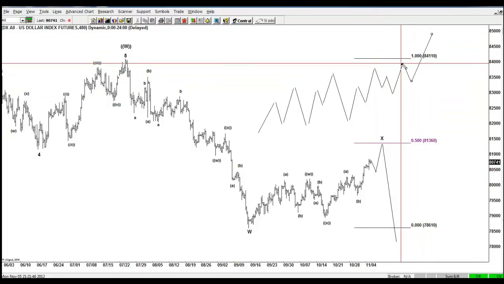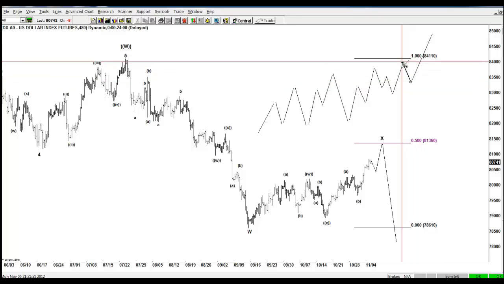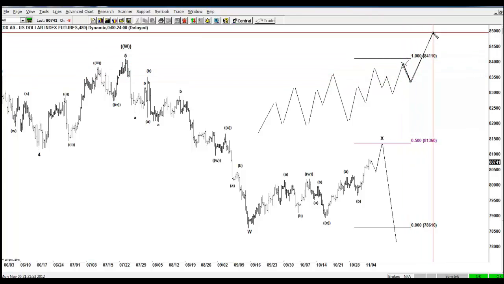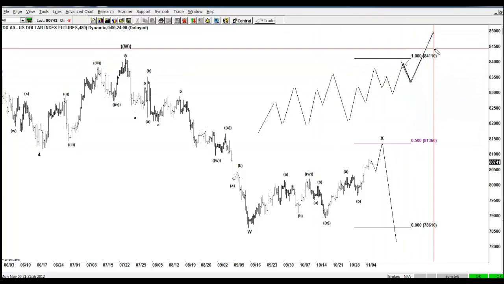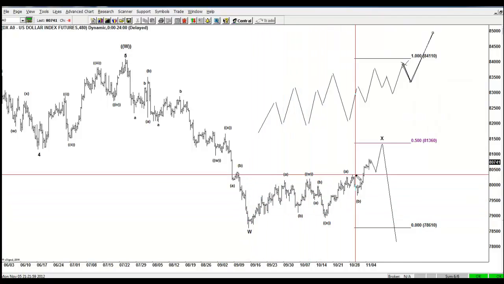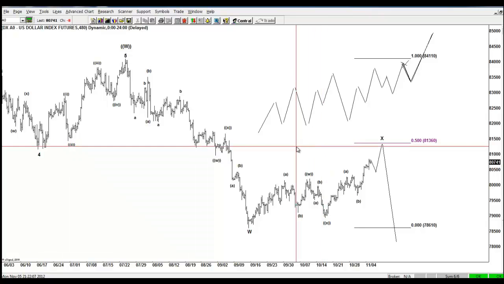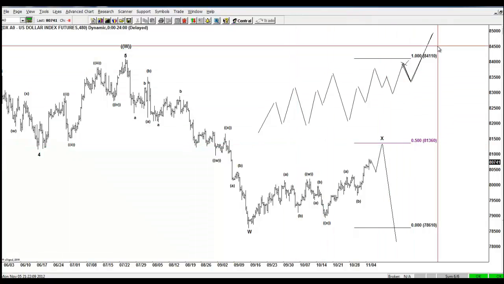We are ending this leg and entering into this leg. So all we need in the dollar to finish is the 7 swing. If you take a look, you already have 1, 2, 3, 4, 5, 6, 7. So it's a double zigzag, a perfect double zigzag, and all we need is the 7 swing.